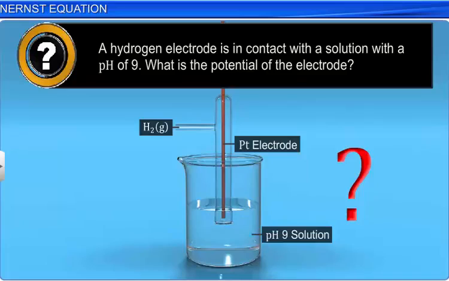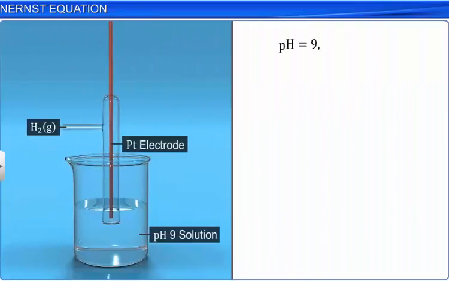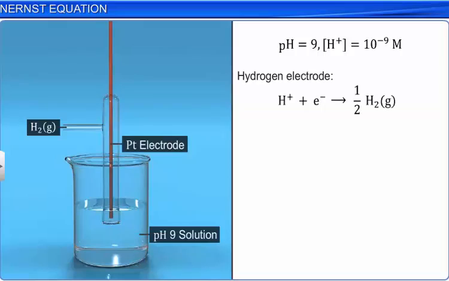We'll start by listing what we know. Since we're told the pH is 9, the hydrogen ion concentration is 10 to the power of minus 9 molar. The equation for the hydrogen electrode is H plus plus 1 electron makes 1/2 hydrogen gas.